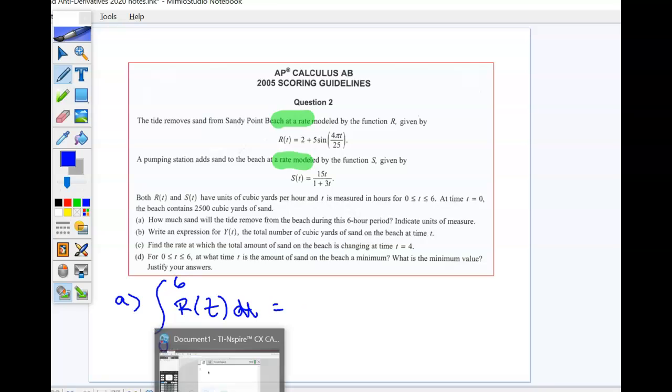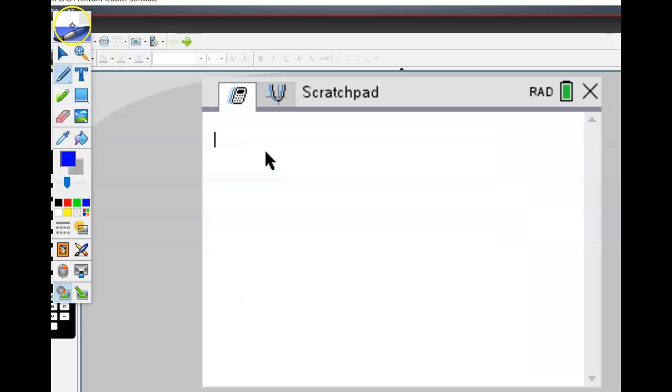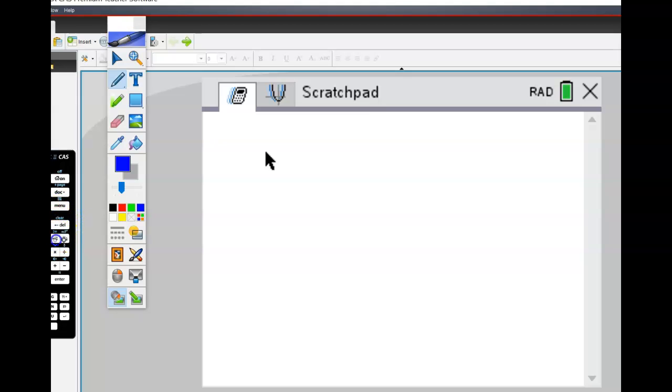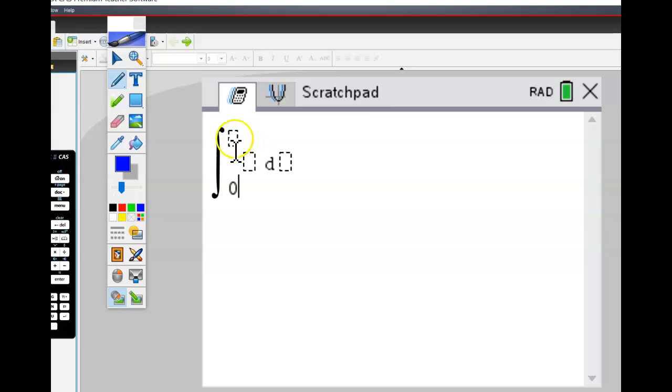So this is straight to the calculator. I am going to do a definite integral from 0 to 6, and I want to use my rate, which is r of t. That one was stored as function 1, so I just hit the vars key and pick function 1, and I have to tell it with respect to x.